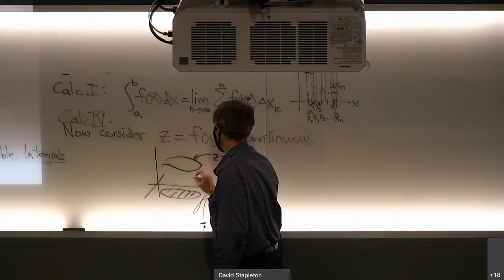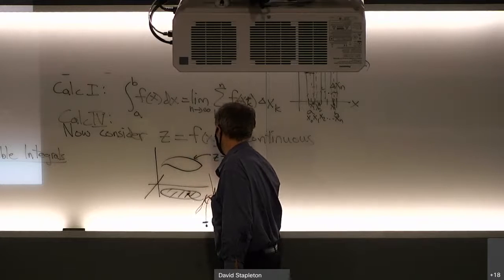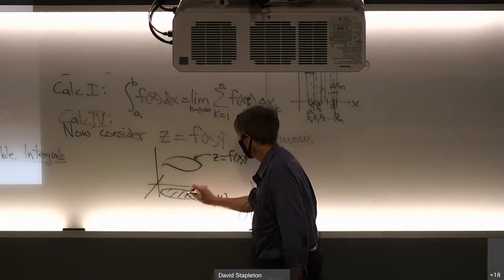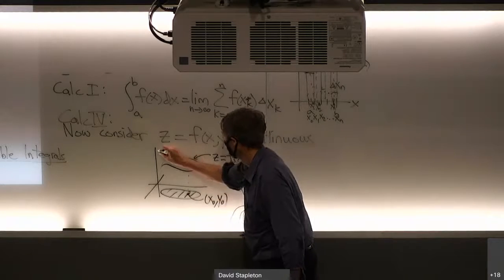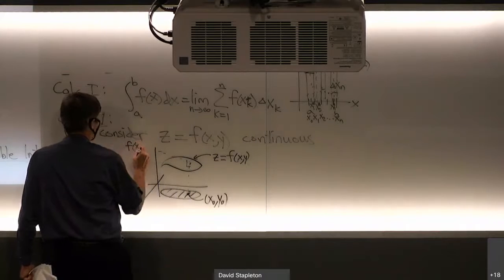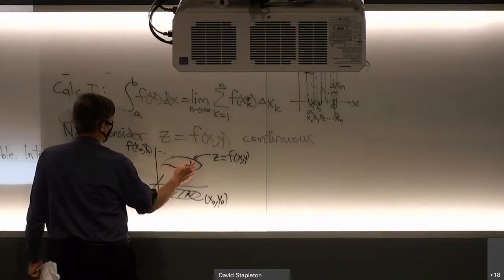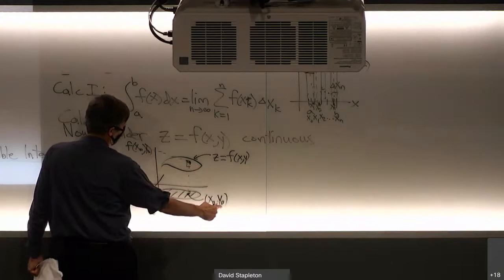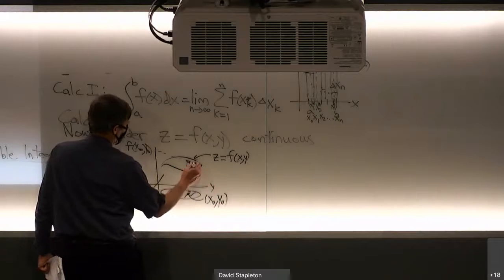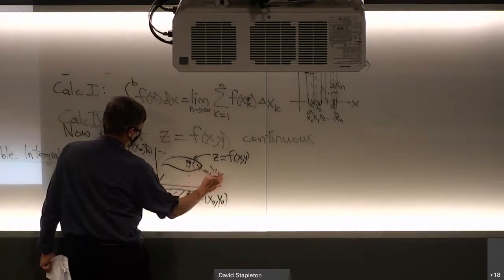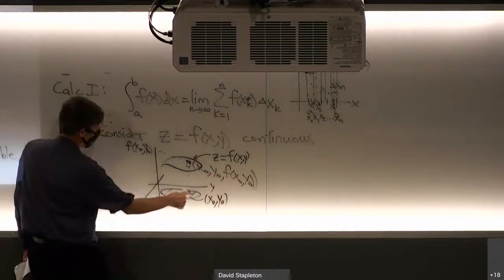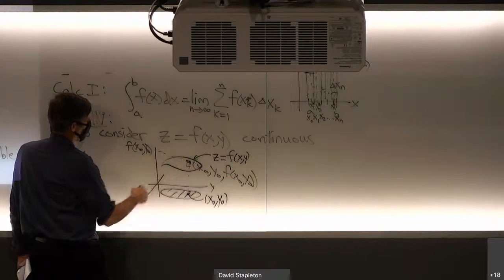The set of points where you can take any point in the plane, x naught, y naught, and go up to the point here, then it's a height f of x naught, y naught. And then the three coordinate pairs here, you can think of this as x naught, y naught, 0 if you like. I just call it this because it's in the xy plane. But you plot the point x naught, y naught, f of x naught, y naught for each point in the domain, and then you get a surface over the domain.